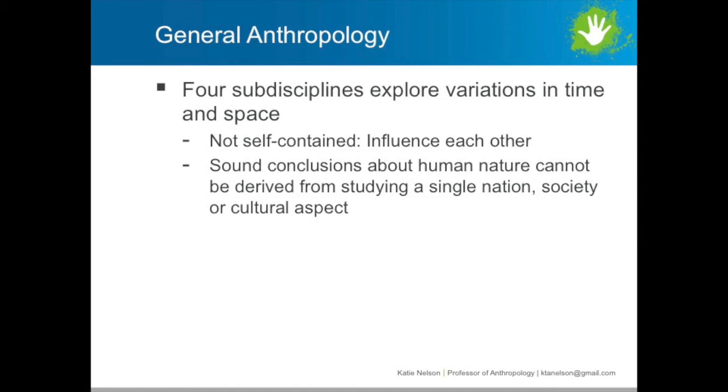For instance, there's a theory called the Sapir-Whorf hypothesis, which states that the language we speak can affect the way we think about the world. So our language can possibly affect the way we're able to think about things and the way we culturally frame different things. Each of these subdisciplines very much influences the others.